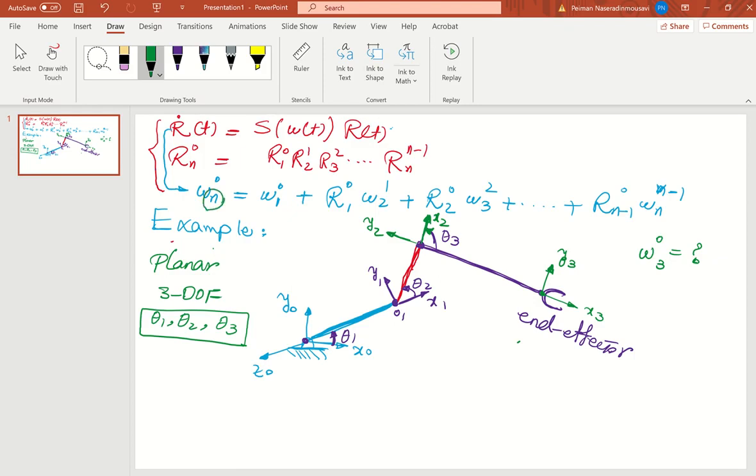So your n is how much? Your n is 3. Understand? So I'm going to use this relation.